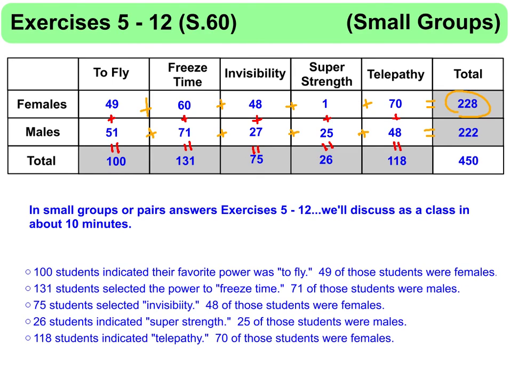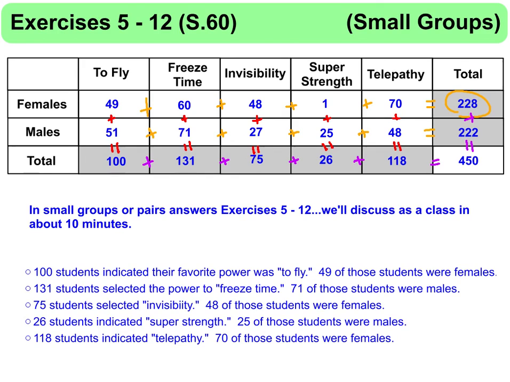And then finally our marginals we mentioned from the last slide. Everything in this row will sum to equal 450, and likewise 228 plus 222 will also equal 450. And so this is our two-way frequency table to represent our bivariate categorical data.